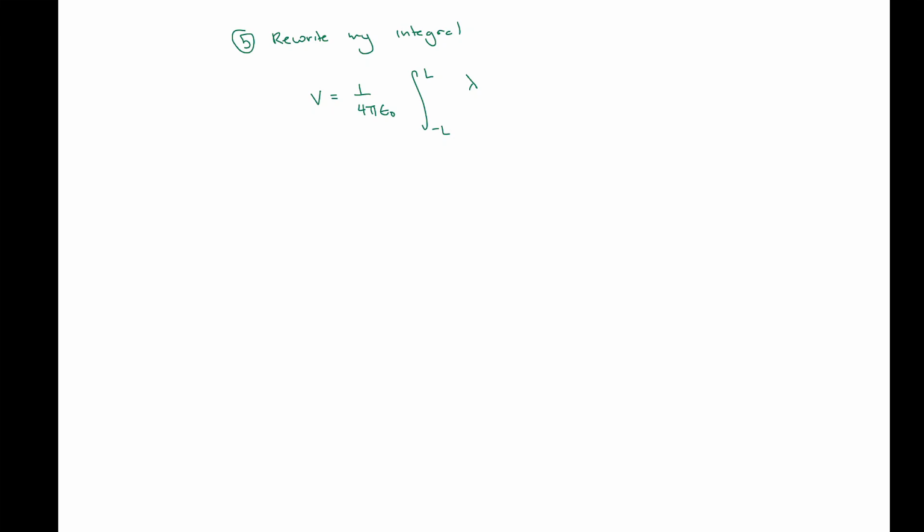If it's not uniform up and down the rod, I could still potentially do this integral, especially if I'm going to use Mathematica. And I get x squared plus z minus z prime squared to the 1/2.